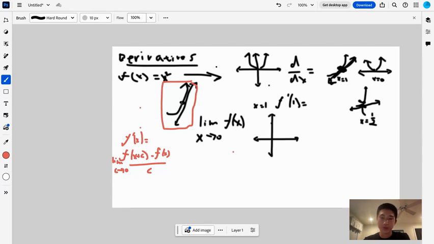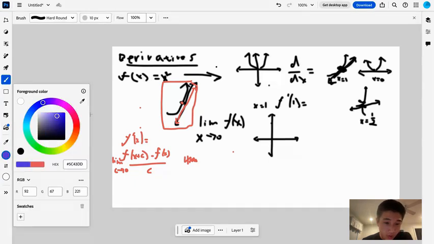We want to find the derivative at x equals 1. What we would do is find the limit. Well, first of all, we can't ideally find the slope of this line from just one point. We need more information. So a strategy that mathematicians use is they use 2 points.